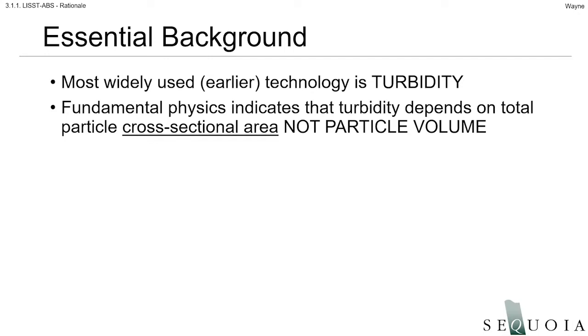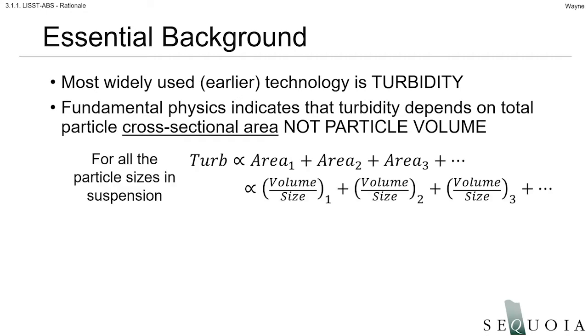Turbidity, I think everybody knows, is the most widely used in situ technology for measuring sediment right now. Turbidity sensors operate on the principle of optical scattering, and the fundamental physics of that optical scattering for sediments indicate that the turbidity measurement really depends on the particle cross-sectional area, not the particle volume.